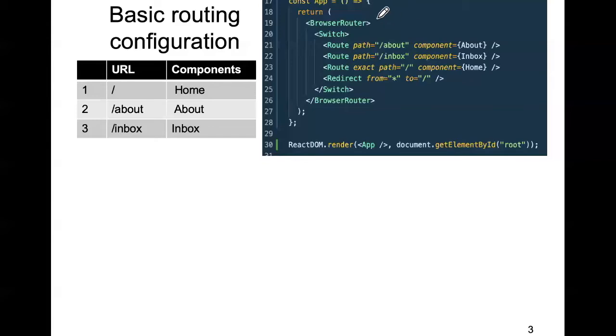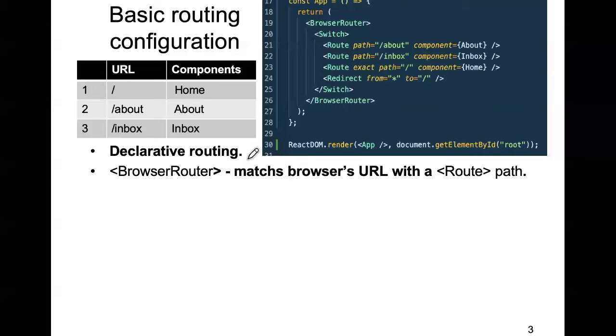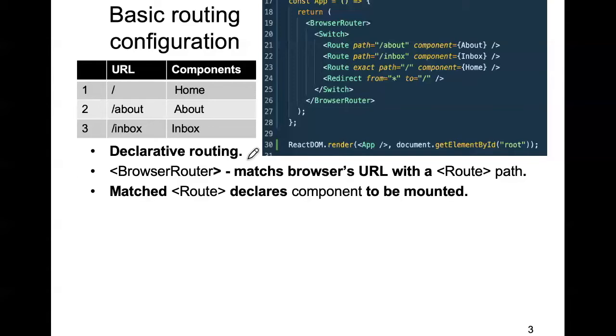The first component here, the browser router, is responsible for doing that matching between the browser's URL and the individual route path values. Once a particular route entry has been selected, then the associated component is mounted, as I explained a while ago.